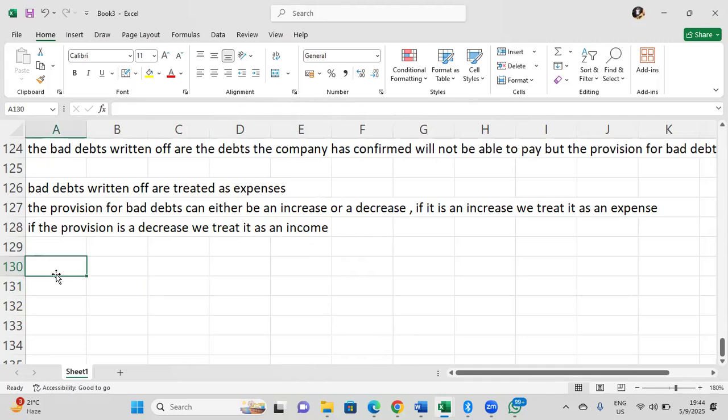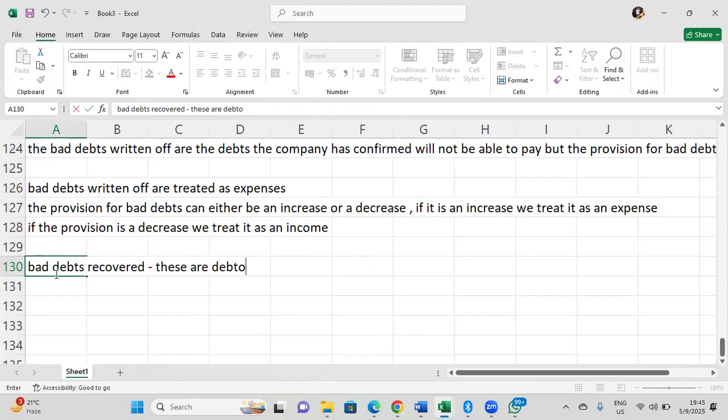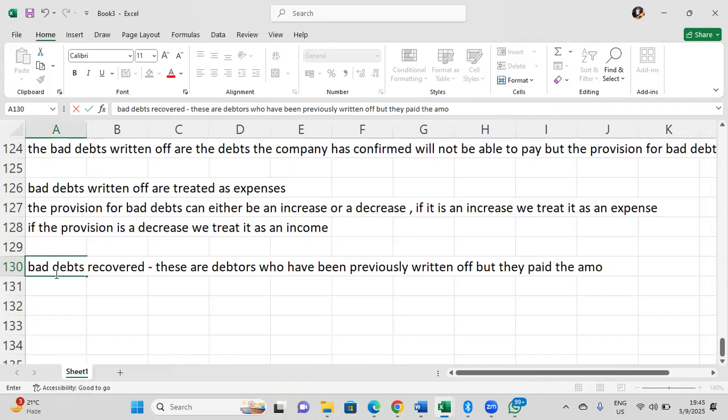Then you also come across the term bad debts recovered. These are debtors who have been previously written off, but they have paid the amount they were owed.